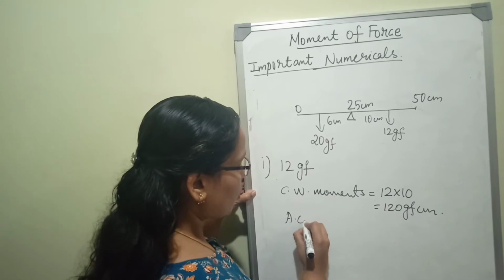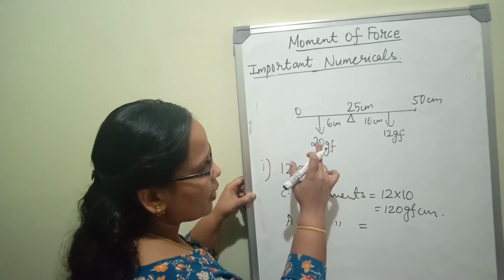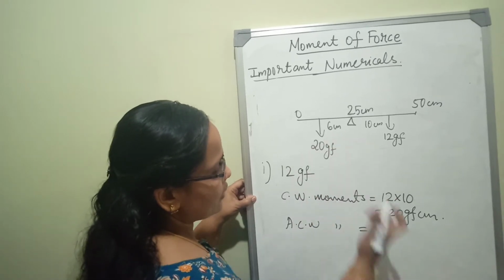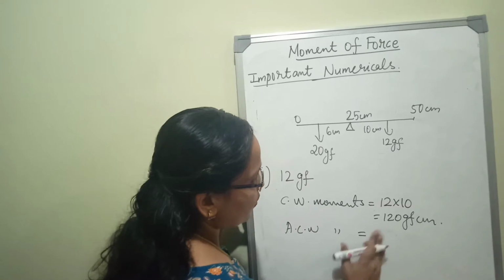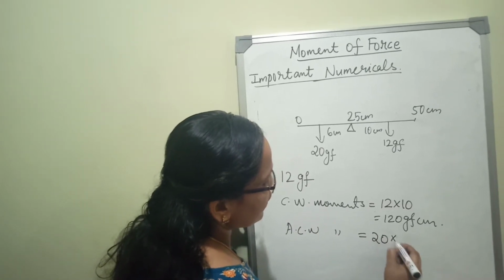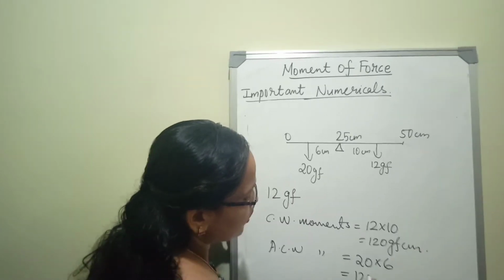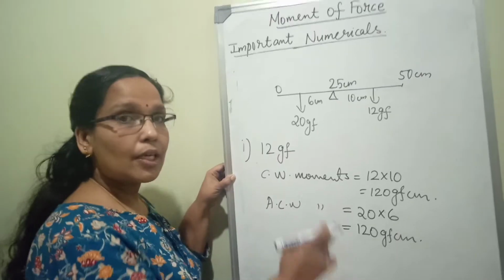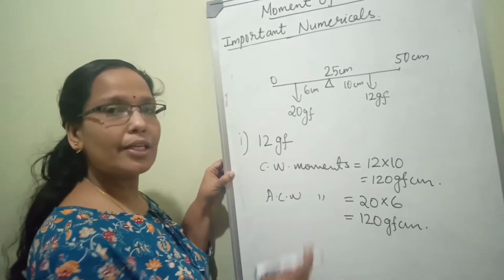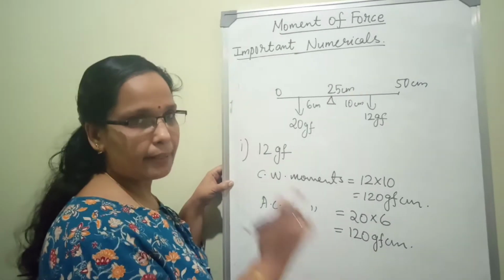And anti-clockwise moment, force into perpendicular distance: force is 20 into perpendicular distance 6. So we get 120 GF centimeter. Since clockwise moment equals anti-clockwise moment, we can say this is in equilibrium.